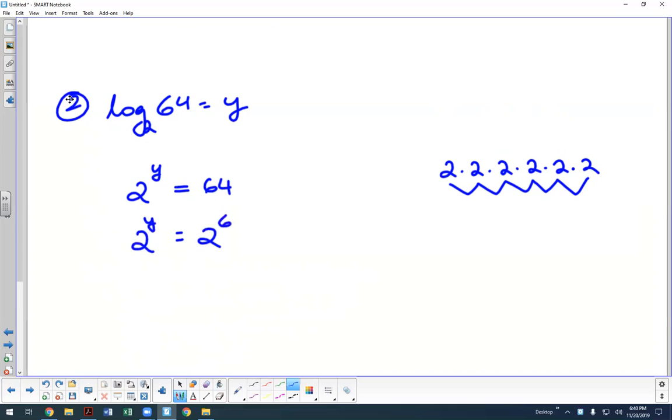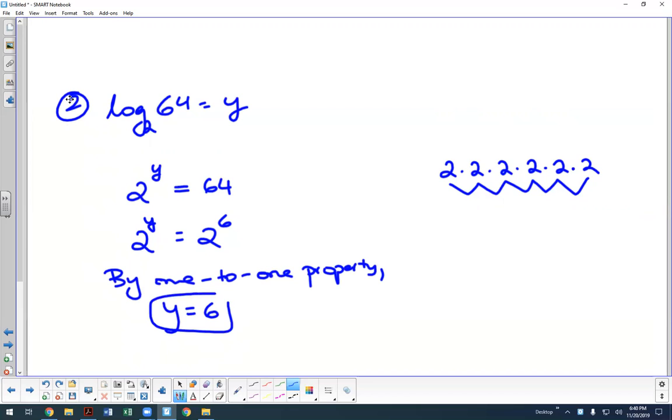Alrighty, very good. So it's going to be 2 to the 6th power. Same thing, now that we have our matching bases on both sides, we can say by that one-to-one property again, y equals 6.